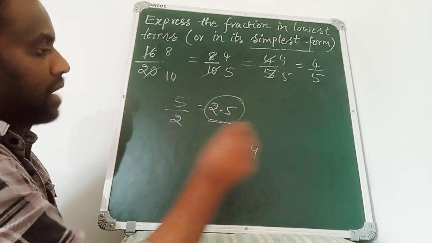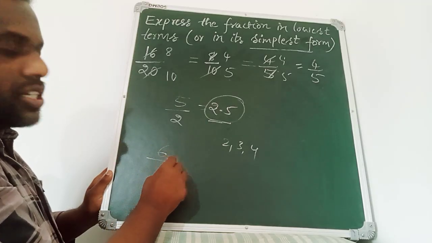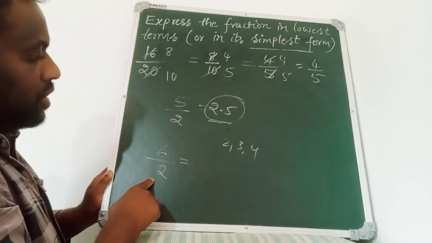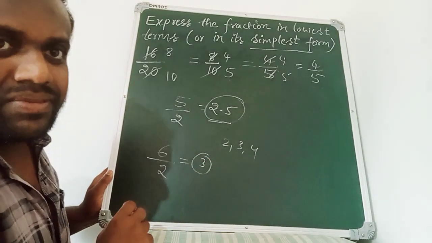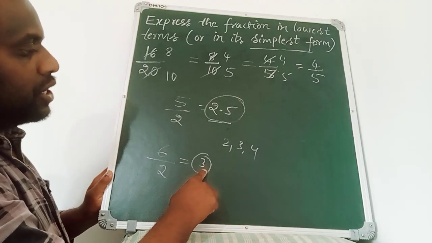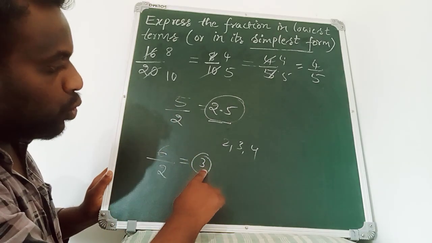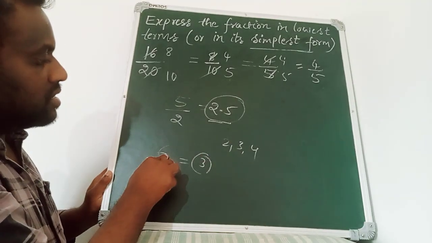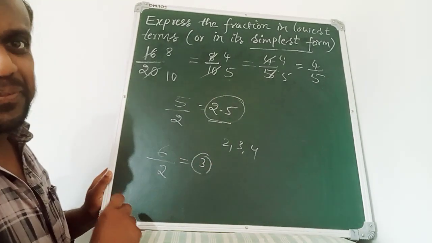I will show another example. See, I will take 6 here and divide this 6 by 2. When you divide this 6 by 2, we get 3. See, 3 is a whole number. When you divide this by 2, you should get a whole number. When you get a whole number here, that means this 6 is completely divisible by 2. That is the meaning.